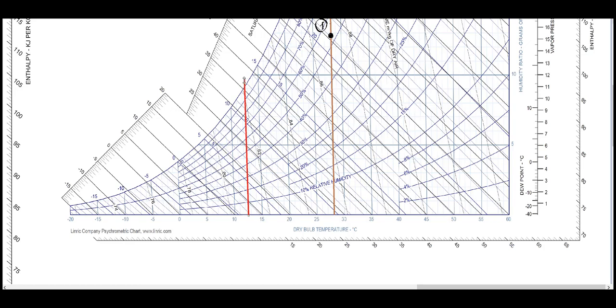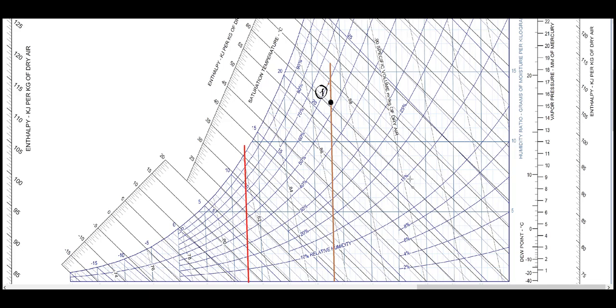Then it is being intercepted by the line of the humidity of 0.0083, so that will be in grams, that will be 8.3. So that will be 5, 6, 7, 8.3 here.